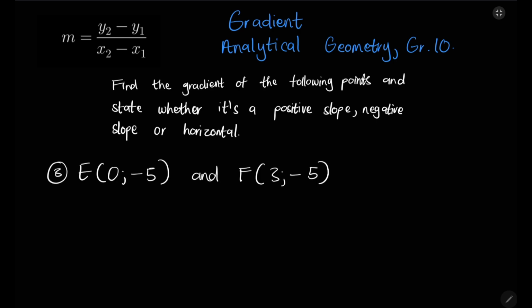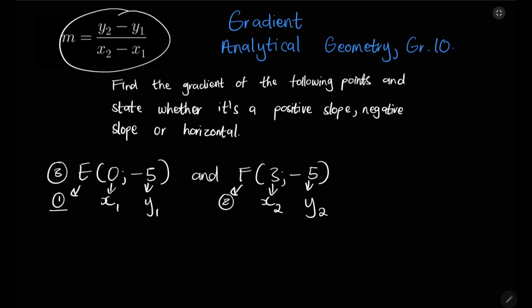Now let's do the last example. We have points E and F. Let's label our points. E is your first point, and F is your second point. You have 0, which is your x, and -5, which is your y. They are under point 1, so this should be x1 and y1. For the second point, we have x, we also have our y. So this should be x2 and y2.